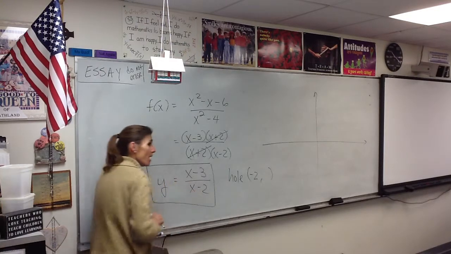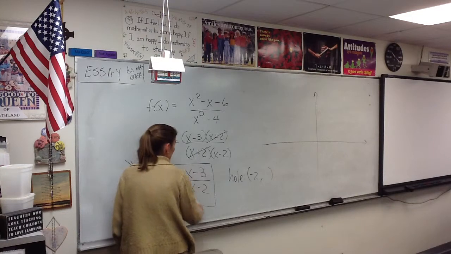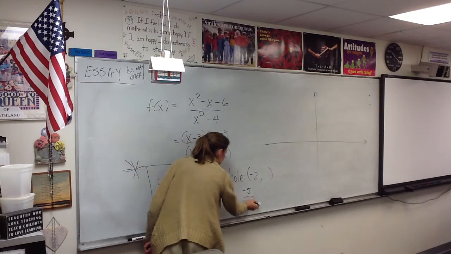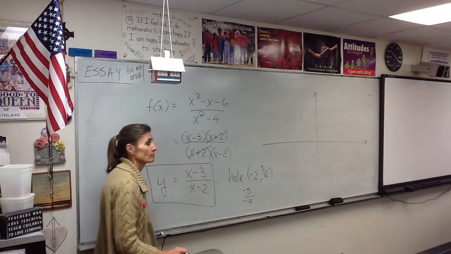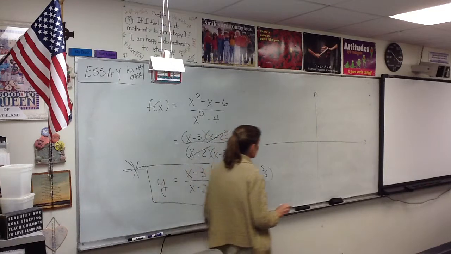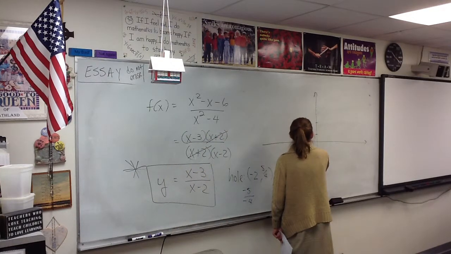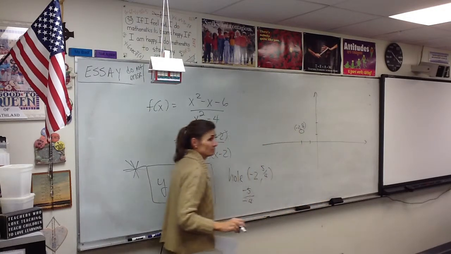Plug it into the box. So if I put in -2, I would have -5 over -4, which is 5/4. So I'm gonna come over to my graph and I'm gonna put a hole at -2, 5/4. Are you with me?